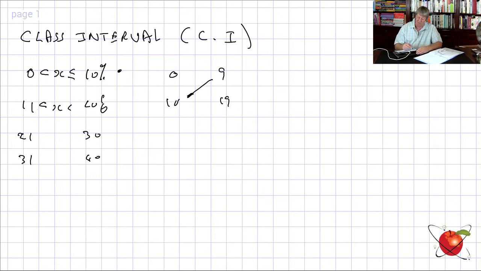In other words, it's going to be bigger than that, less than or equal to that one. Can you see it? So if it's 10, it's there. If it's 11, it's there. So be very careful and look carefully what you're given with regard to the class interval.